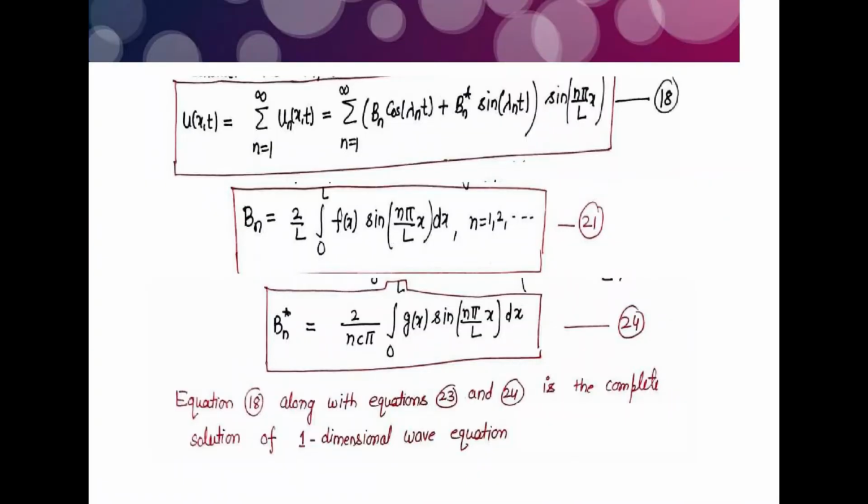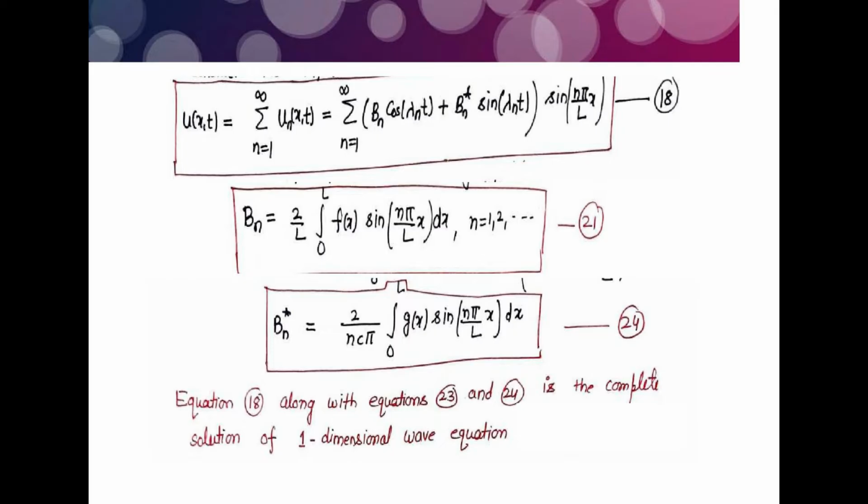The solution of a one-dimensional wave equation is given by equation number 18: u(x,t) equals summation over n from 1 to infinity of capital Bn cos(lambda n t) plus capital Bn star sine(lambda n t), into sine(n pi over L times x). The coefficients Bn and Bn star are given by equations number 21 and 24.